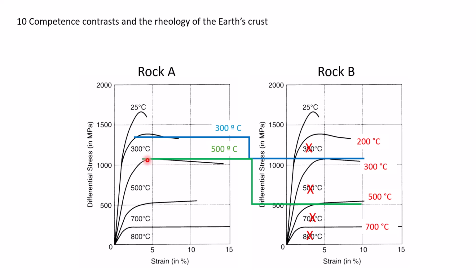At 500 degrees Celsius, rock A requires more than 1000 megapascals differential stress to undergo strain, whereas rock B starts to fail and accumulate plastic strain at already about 500 megapascals differential stress. So that means rock B is clearly less competent. It deforms more easily at the same temperatures.